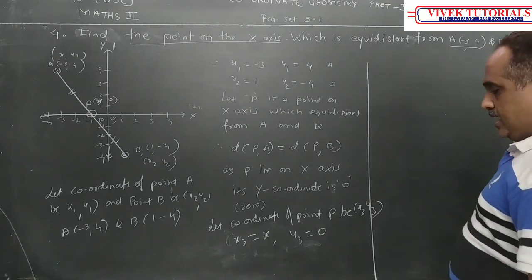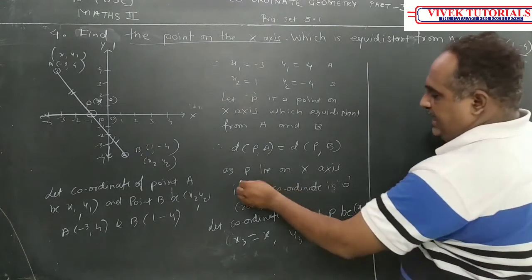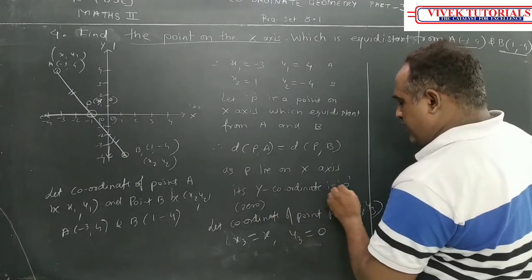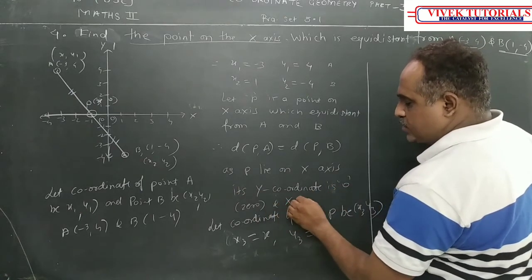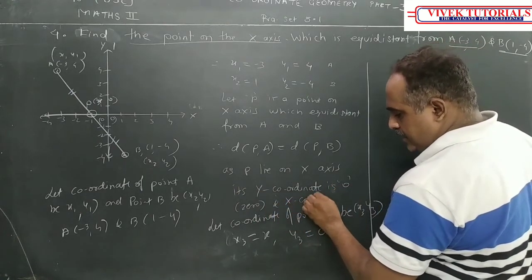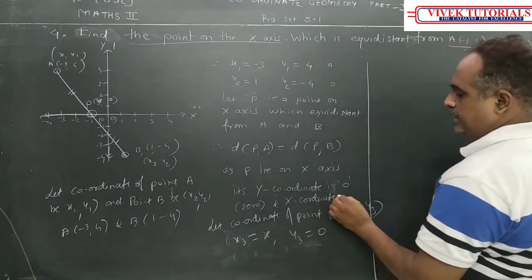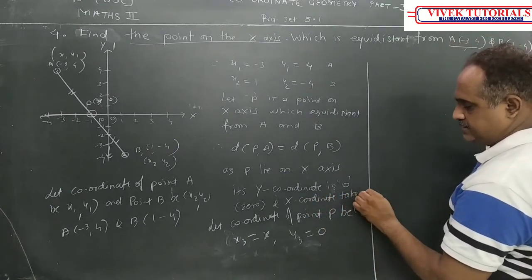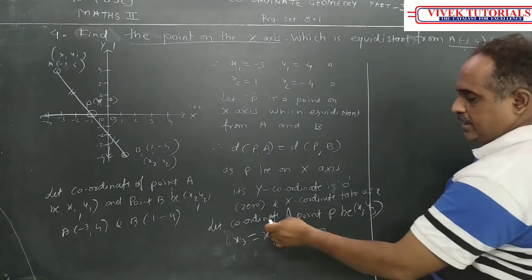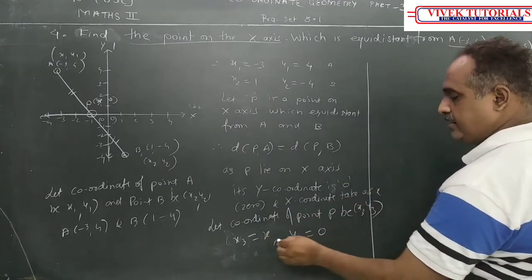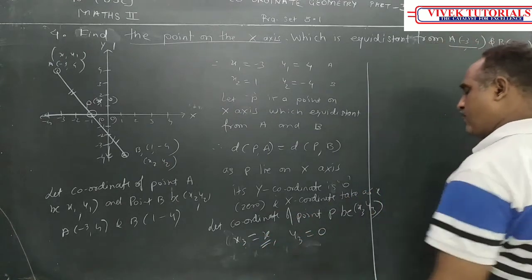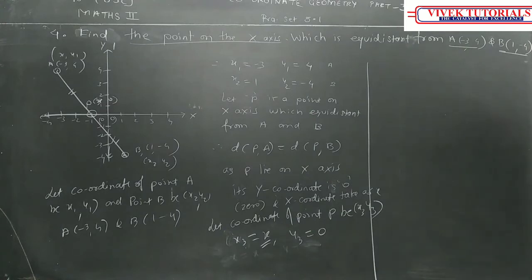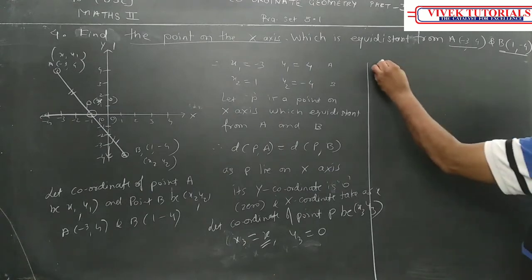Got it? Once again, P lies on the x-axis, its y coordinate is 0 and x coordinate we take as x. So we take the value of x3 as x and the value of y3 as 0. Yeah, if you don't want to take, let it be. Okay, got it now?